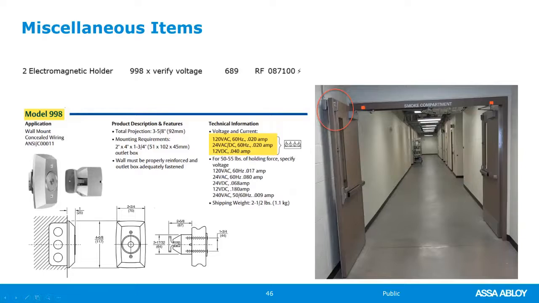Either way, it'll work. They need to choose the voltage. I always put verify voltage here in the spec, and there is no cost difference between the 3 models, but whether it's high voltage tied right into the building system or low voltage tied into the access control system, either way, just verify and make sure that you detail that before you order it.